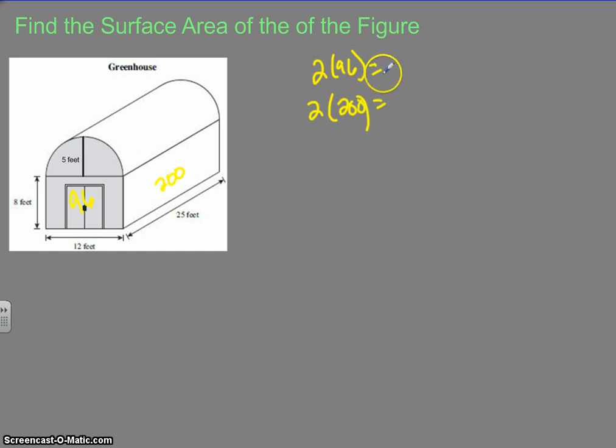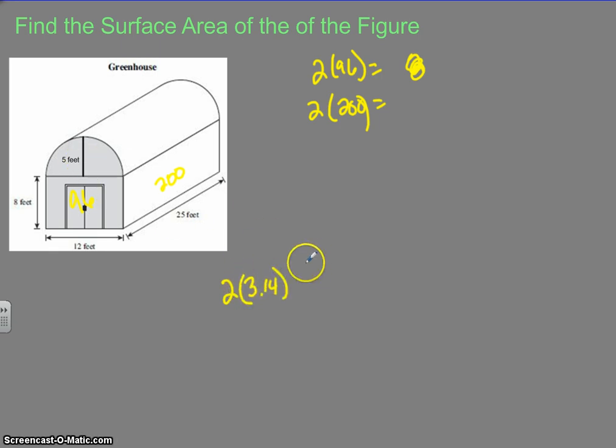Now I need to find the cylinder. This here gives us the area of these panels. We need to find the area of the cylinder. So we're going to use 2 times area of the base, which is pi r squared, 3.14.